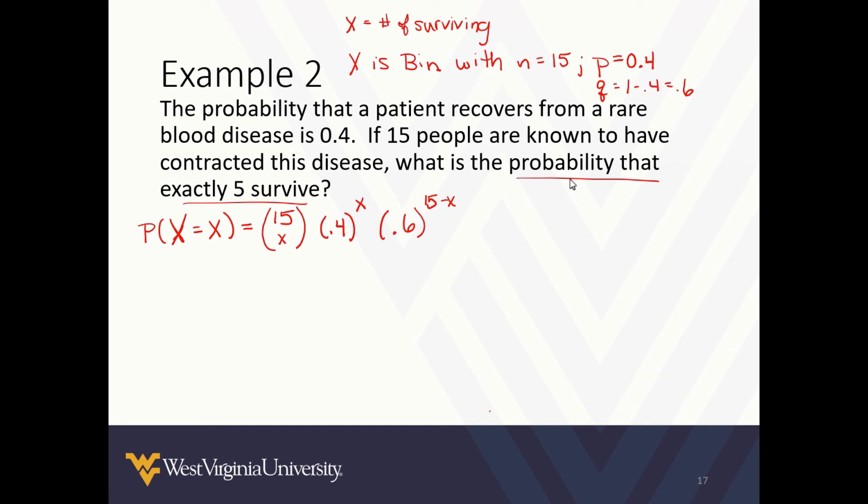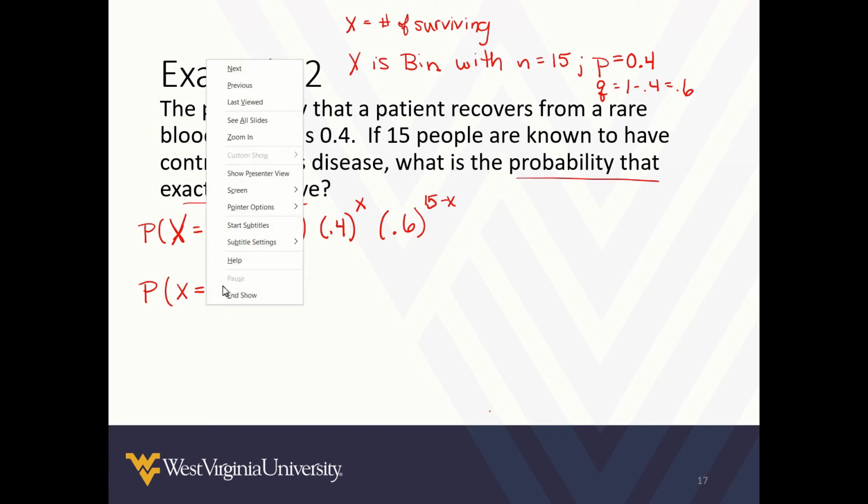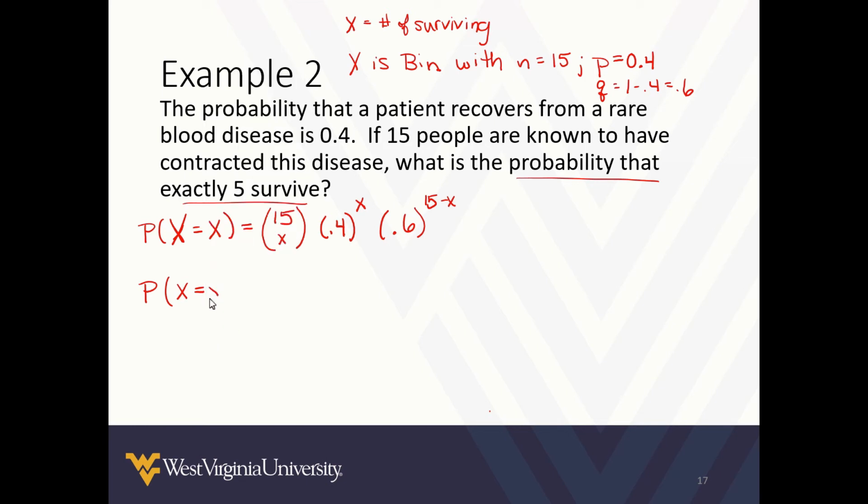So we're now asked to find the probability that exactly 5 survived. So in this case, x is equal to 5. So this would be 15 choose 5, multiplied by 0.4 to the 5th, multiplied by 0.6 to the 10th.